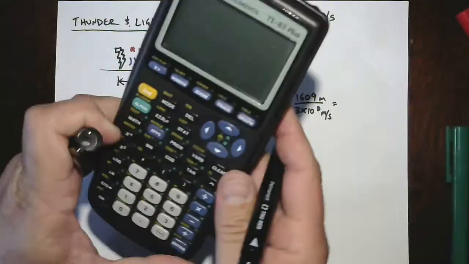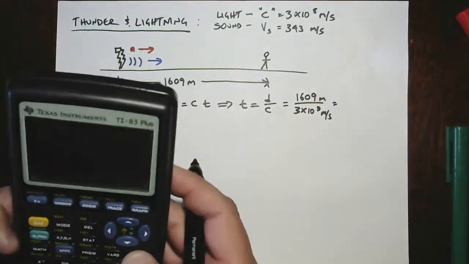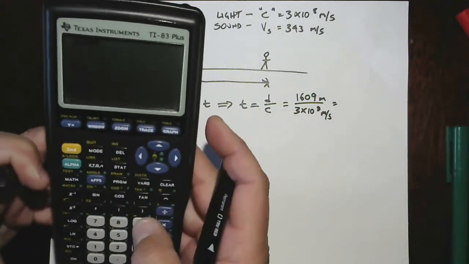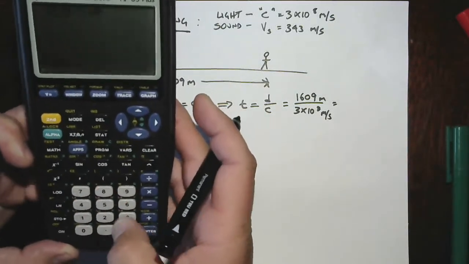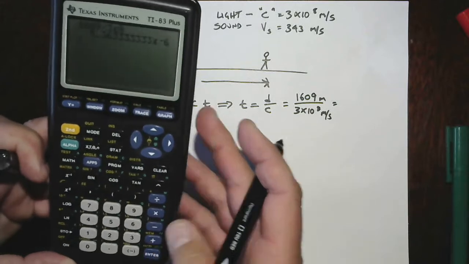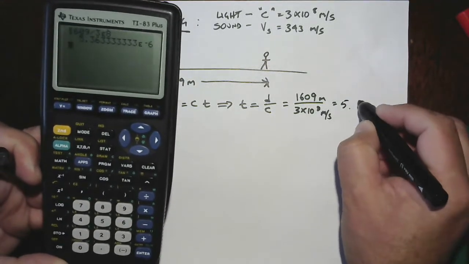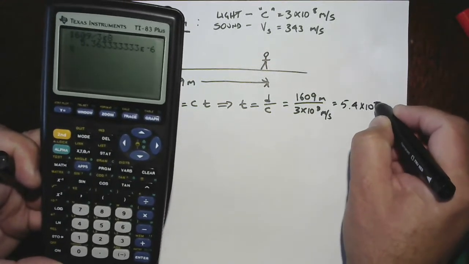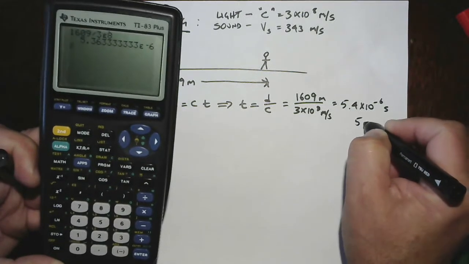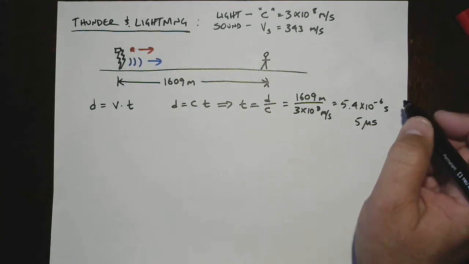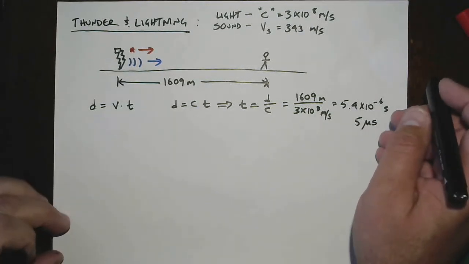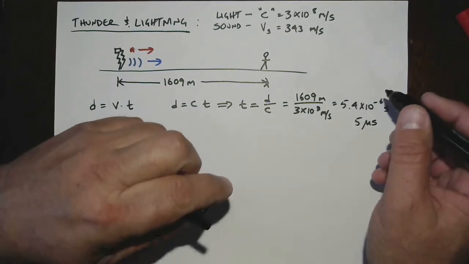And I'll get my handy dandy calculator out here, and let's do this. 1609 divided by 3 EE 8 equals, and that's going to be about 5.4 times 10 to the minus 6 seconds, or about 5 microseconds. Okay, so within 5 microseconds of lightning striking a mile away from you, you will see the flash.